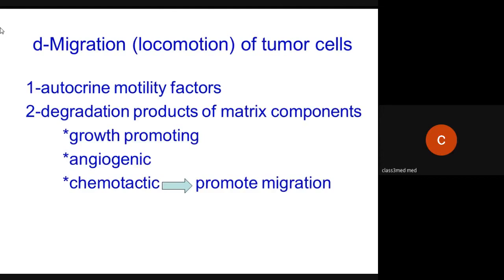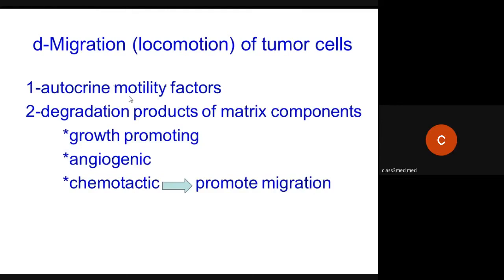You took chemotaxis in inflammation. Okay, the attraction of the cell to a site in one direction. And this is called chemotactic effect. So this chemotactic effect will promote the migration of the tumor cells. In addition to these chemotactic materials coming from the degradation of extracellular matrix, the tumor cell should express autocrine motility factors.